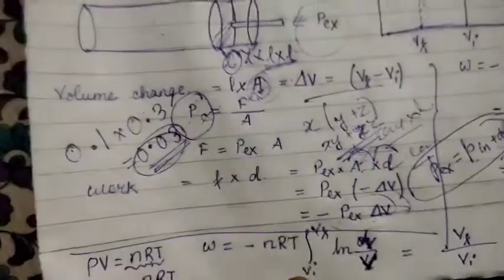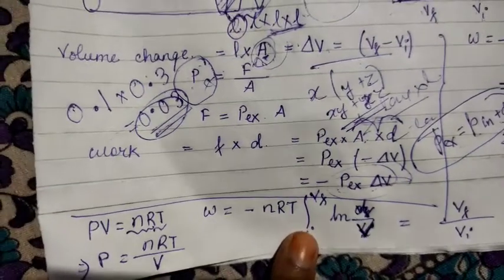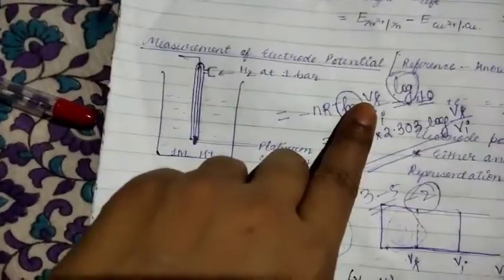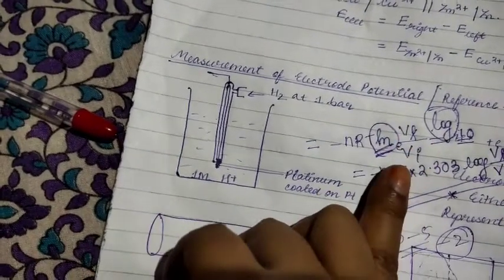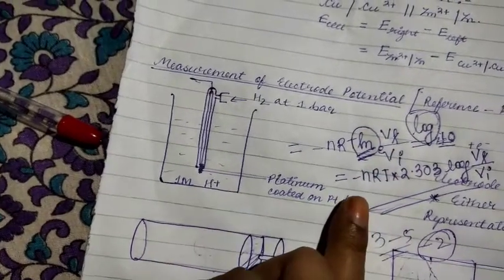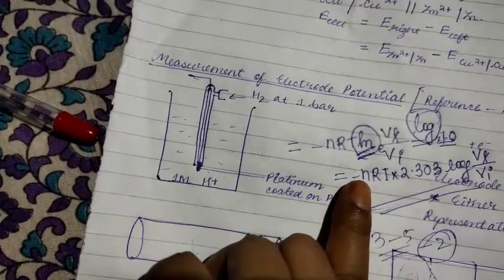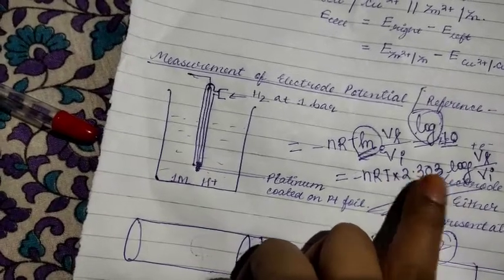When we remove the integration sign, how will you remove it? You have to write ln V final by V initial. Clear? This ln can be converted to logarithm by using the value 2.303.